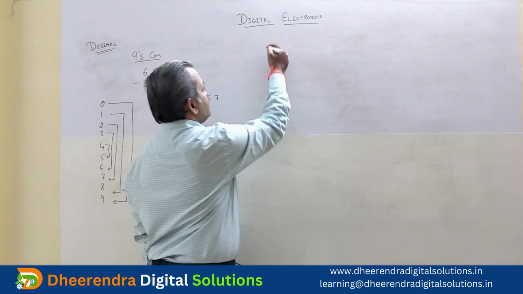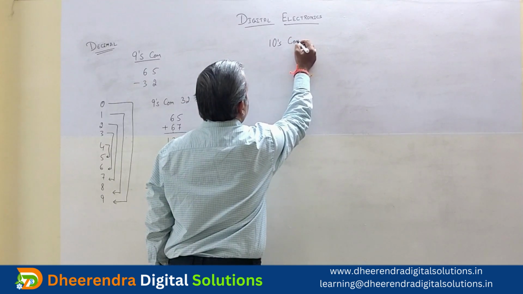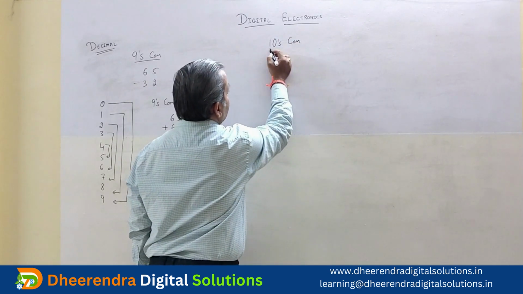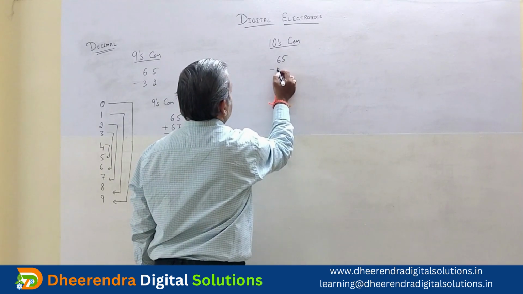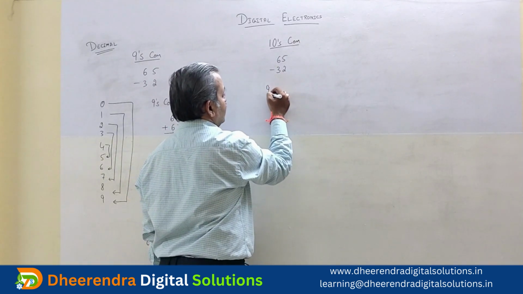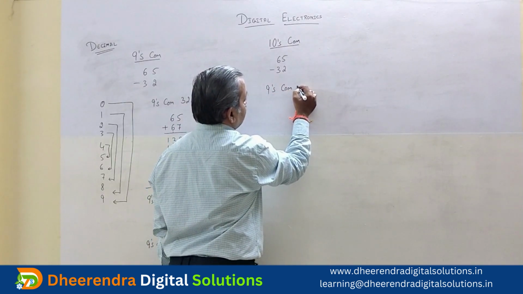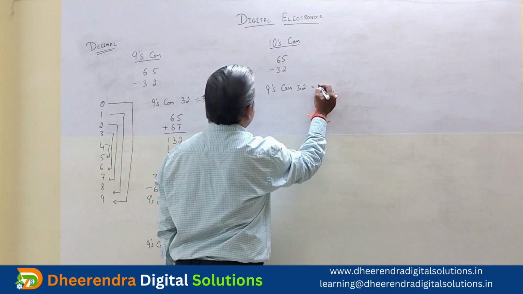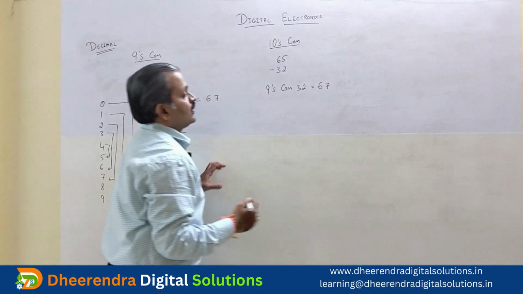Now, let us look at 10's complementary technique. Let us take the same numbers. It is going to be 65 minus 32. The first thing is we need to take 9's complement of the number 32. 9's complement of 32 we have already seen, it is 67.